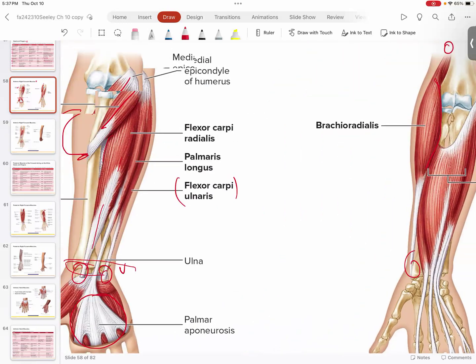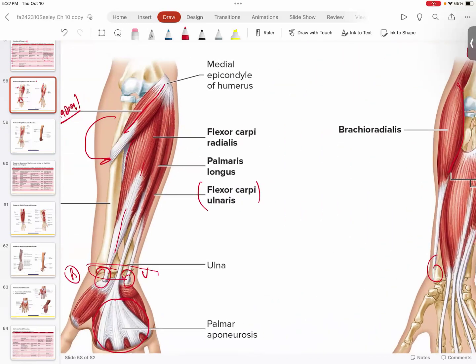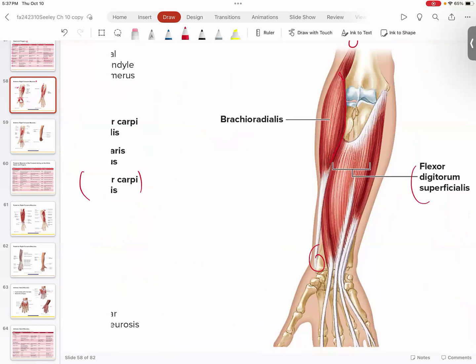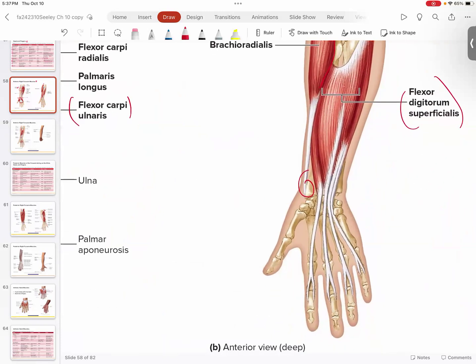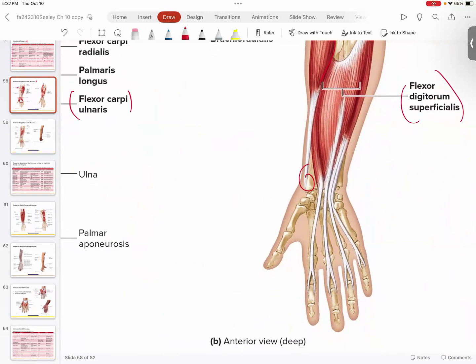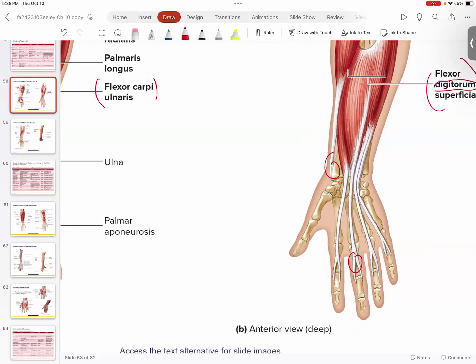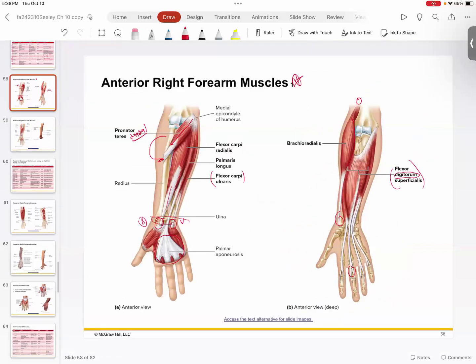Underneath all of these flexors, if you peel them away, you'll see this one right here, which is your flexor digitorum superficialis. You can see where the tendons of this one go. It goes to your digits, so you can see it's flexing the digits. The name tells you what it is: a flexor of the superficial digits. It's not a superficial muscle, but a deep muscle, so it's a little misleading on that one.